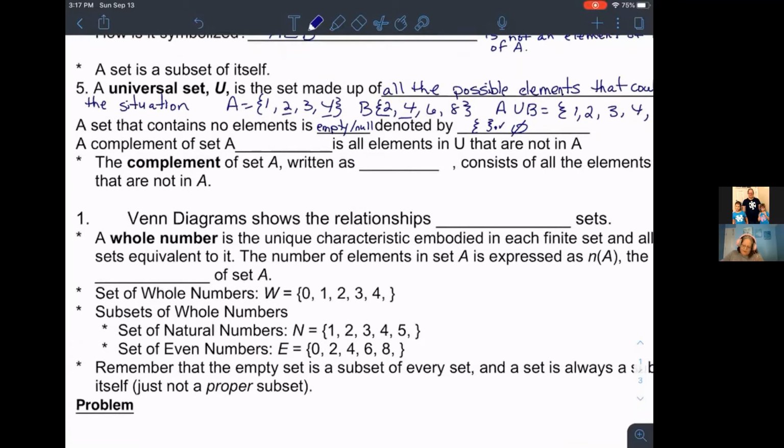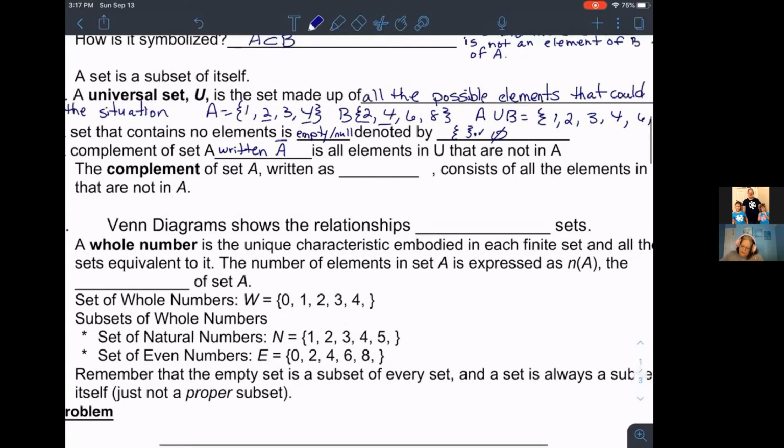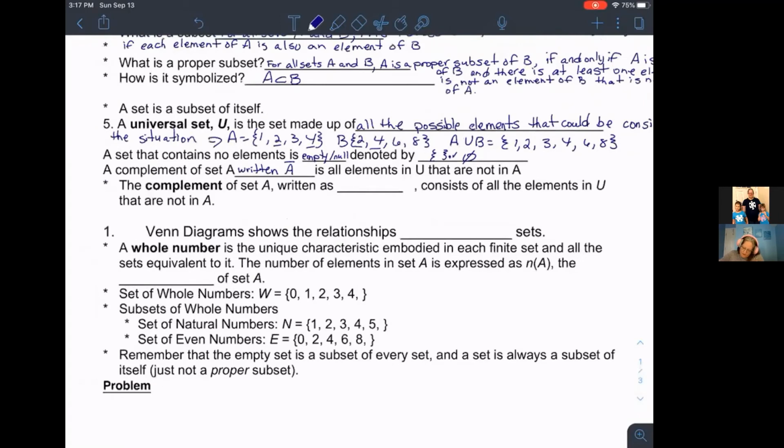A complement of set A, written A with the line over it, is all elements in the universal set that are not in A. So if we go back to this example, the complement of A would be all the ones in the universal set that are not in A. It would be 2, 6, and 8. Or no, that's not right.